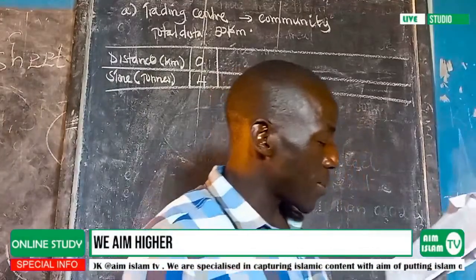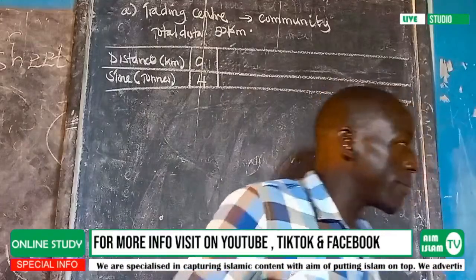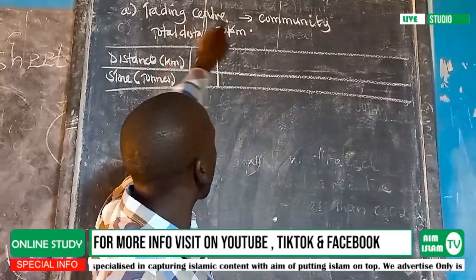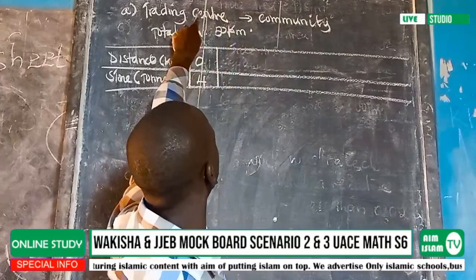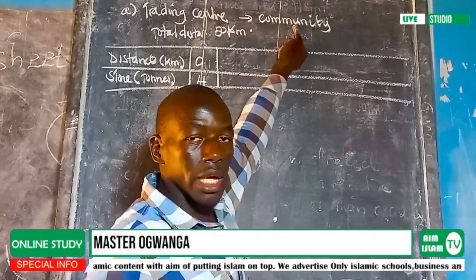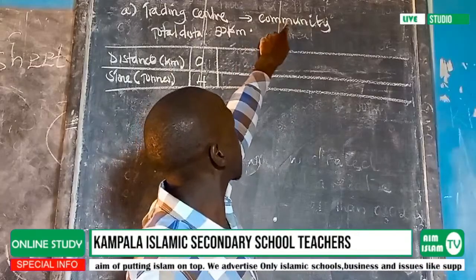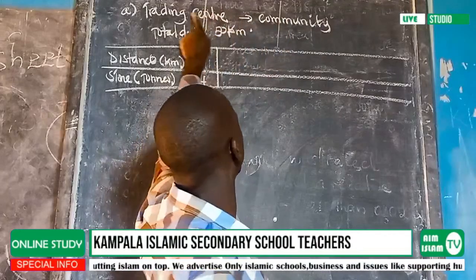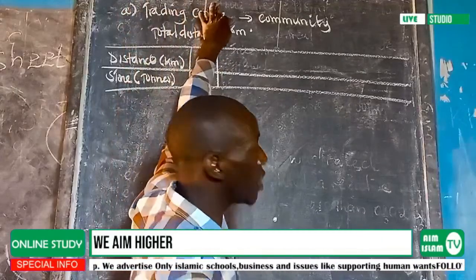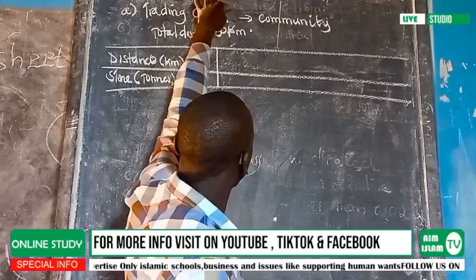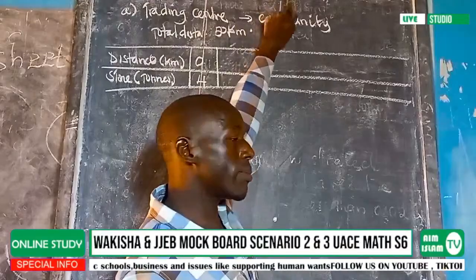And then at the swamp, the swampy area, which is 40 kilometers from the community, and we know very well that the total distance between the trading center and the community is 50 kilometers, meaning that the swampy area being 40 kilometers from the community, its distance from the trading center is only 10. That is if I move from the trading center to the swamp, it is 10 kilometers, and then I add the distance from the swamp up to the community to make 50.